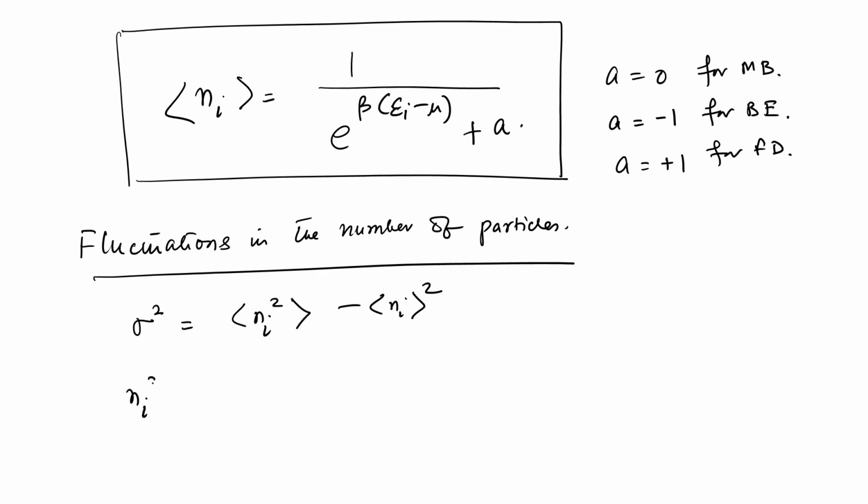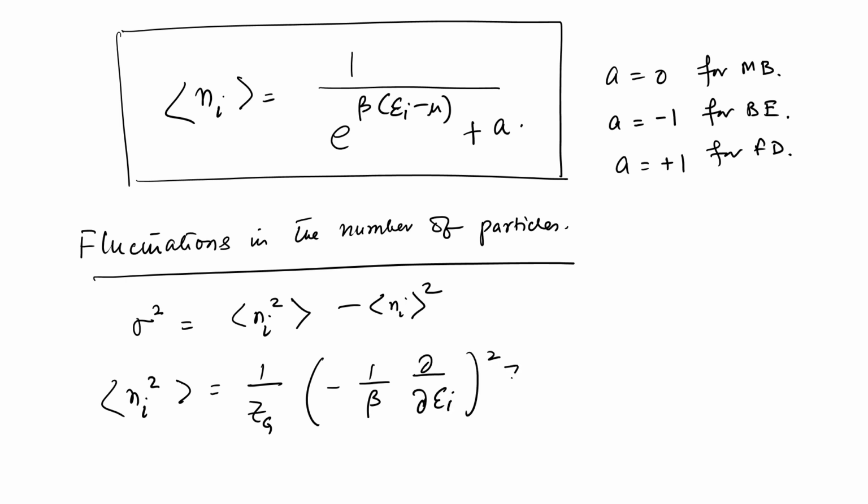So, Ni square average is nothing but 1 over Zg minus 1 over beta, and there is a del epsilon I square of Zg, at a given fugacity and temperature. So, Zf is again exponential beta mu. I am just using the relation that was derived earlier, and in fact, this is quite useful to do that.